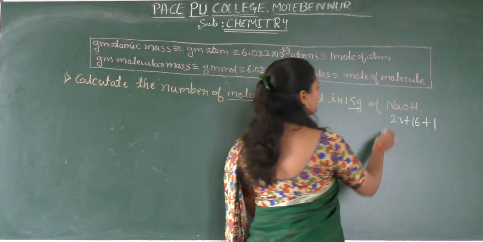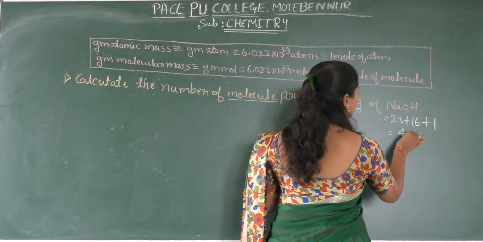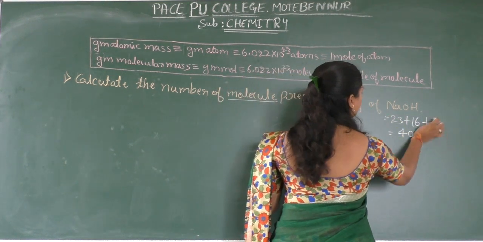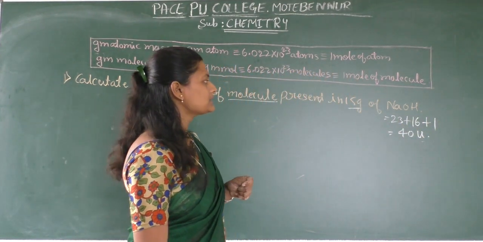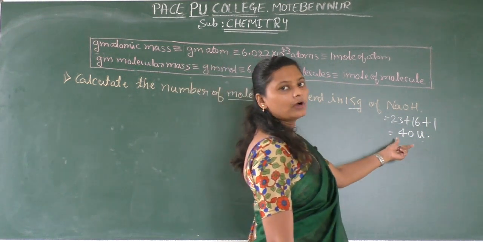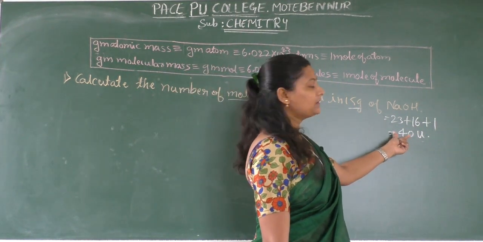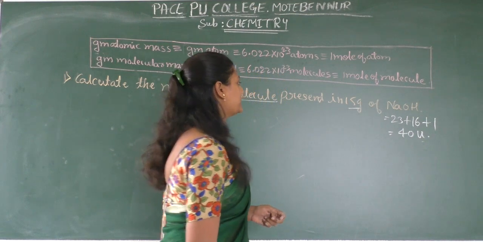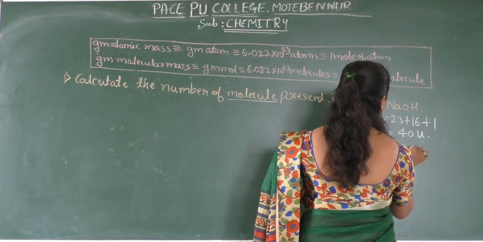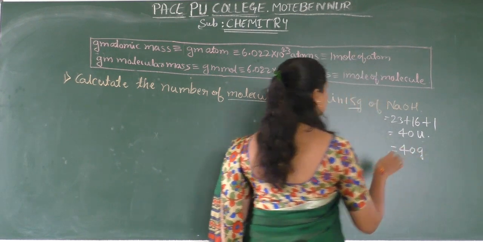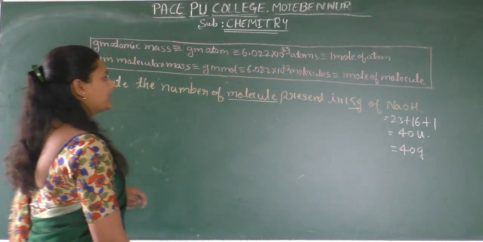Okay, so the value is 40 u, unified mass. Next, if we represent this one in terms of gram, that will become gram molecular mass. So this is 40 grams, the gram molecular mass of NaOH.